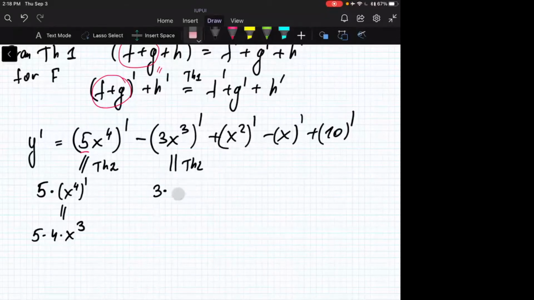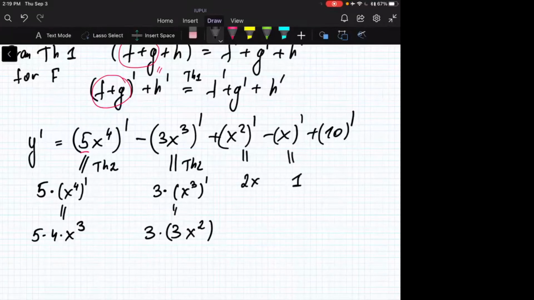Okay, let me do it in 2 steps again. 3 times the derivative of x cubed, which is 3 times 3x squared. This is just our theorem for the power function, so it's just 2 times x.